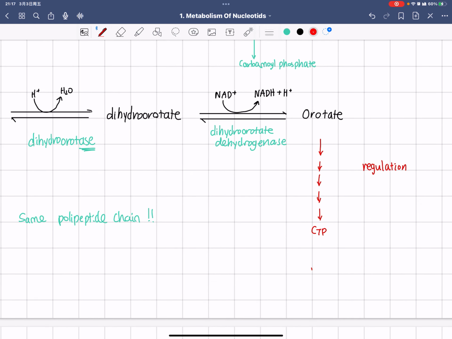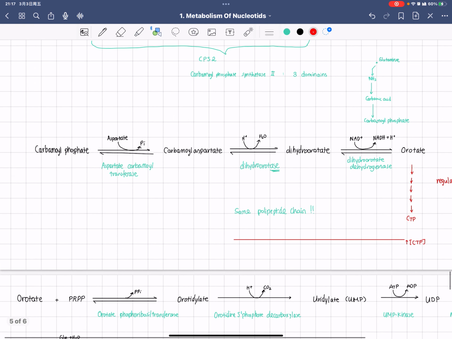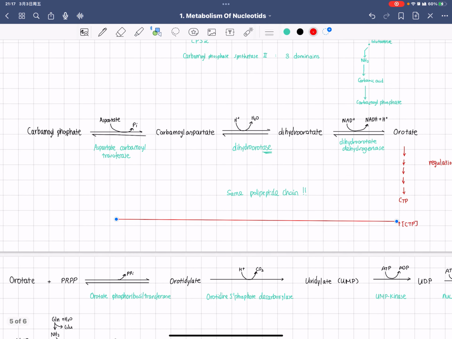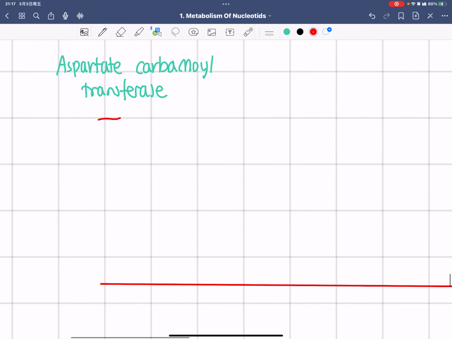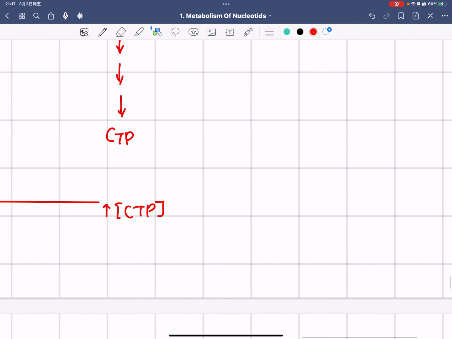So, a high concentration of CTP inhibits which enzyme? Aspartate carbamoyltransferase. And that's the only important part of the regulation of pyrimidine de novo synthesis.